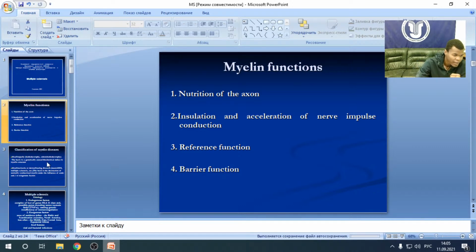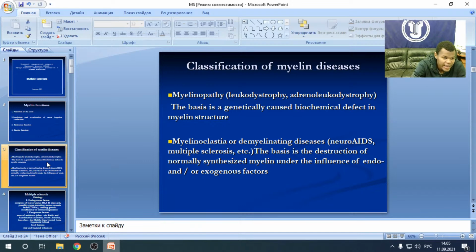Now, if we are going to talk about a classification of the myelin diseases, first of all, when myelin is destroyed, we are going to have a myelinopathy, or a myelinoclastic or demyelinating disease. You have neuromyelitis, multiple sclerosis.